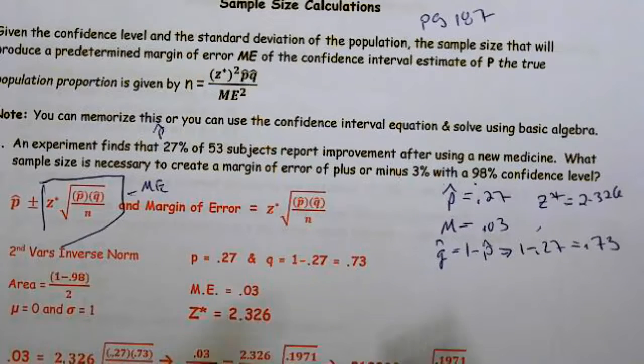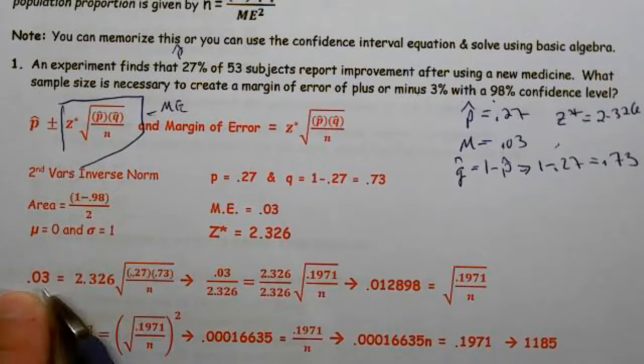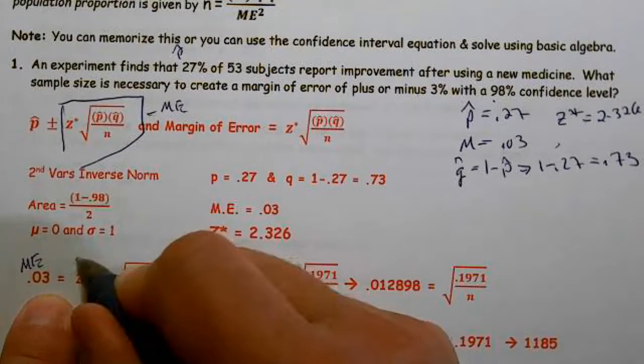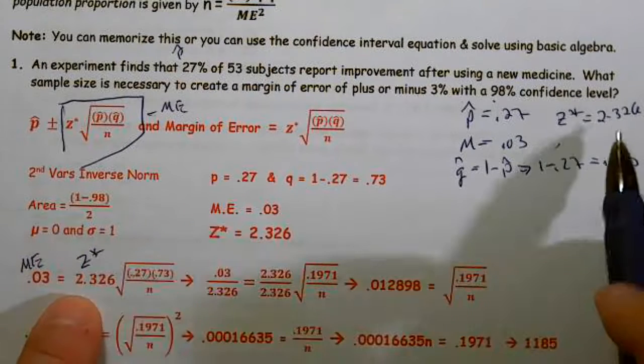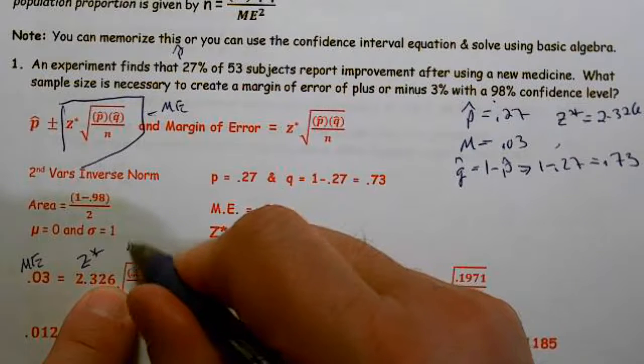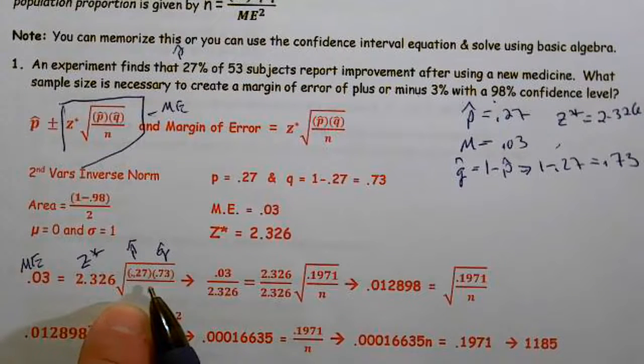All right, so now I have everything written out. There's my margin of error. Here's my Z star that we calculated over here. There's P hat that they gave us. This is the Q hat, 1 minus that, over N.